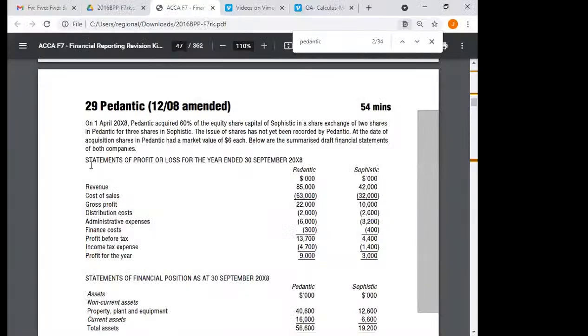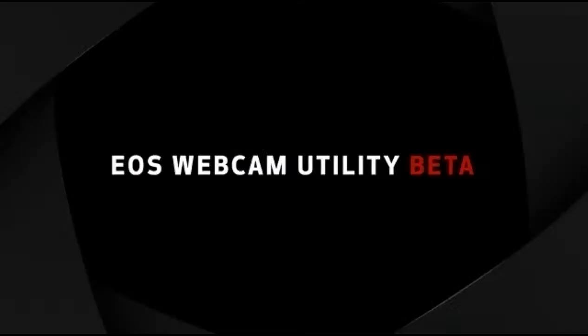Hizo workings hata mingi hazatumark. Right? So the only thing unafaa ujue ni group structure. So like now here, ladies and gentlemen, the key thing you're supposed to understand is the group structure, and then you look at the date of the financial statements.